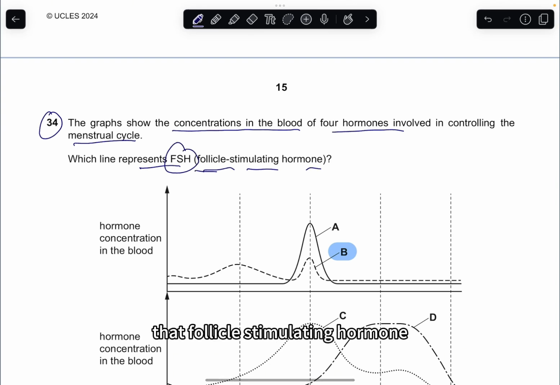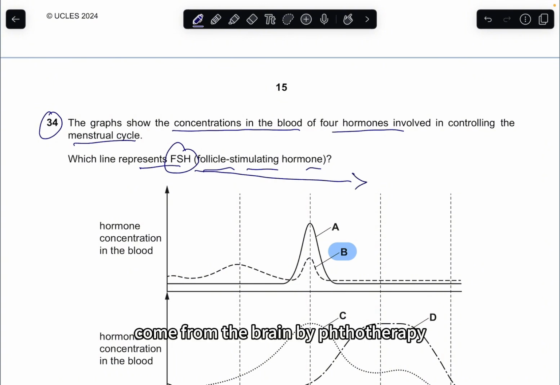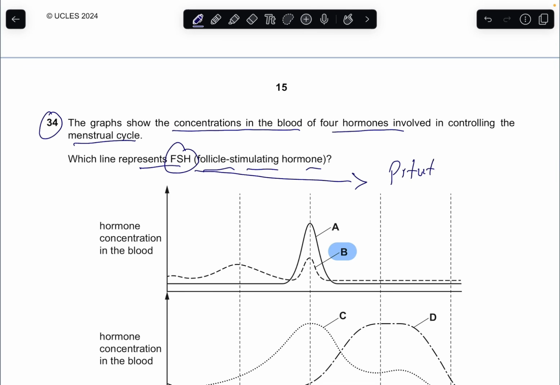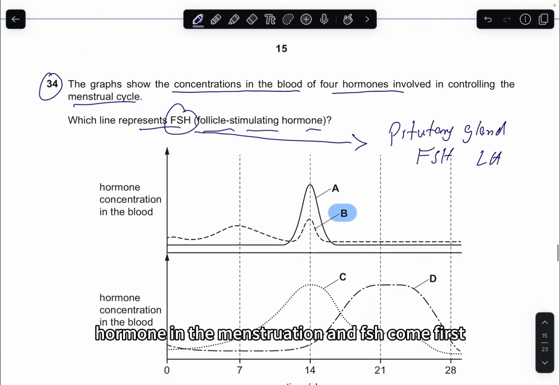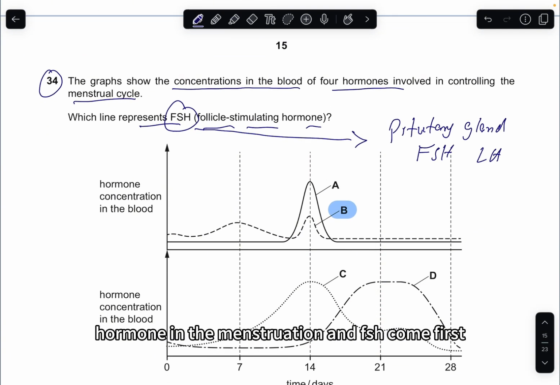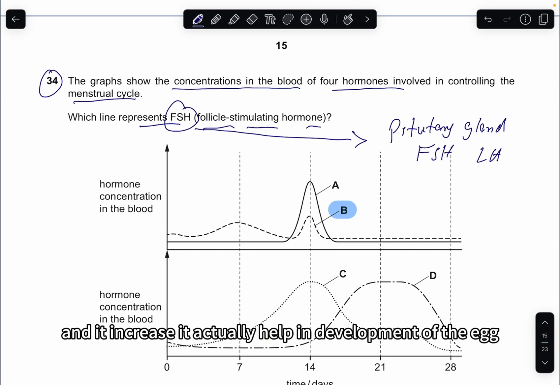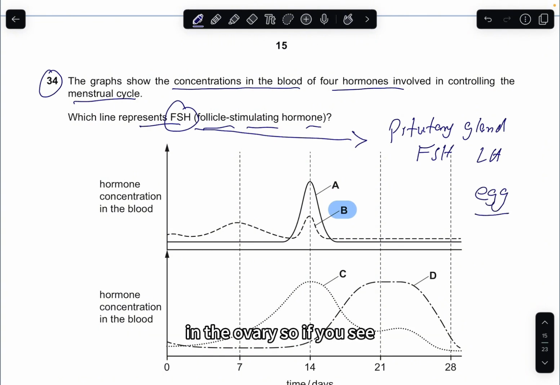We know that follicle stimulating hormone comes from the brain, from the pituitary. The pituitary gland is a very small gland in the brain that produces FSH and LH hormone, which are important hormones in menstruation. FSH comes first and it helps in development of the egg in the ovary.